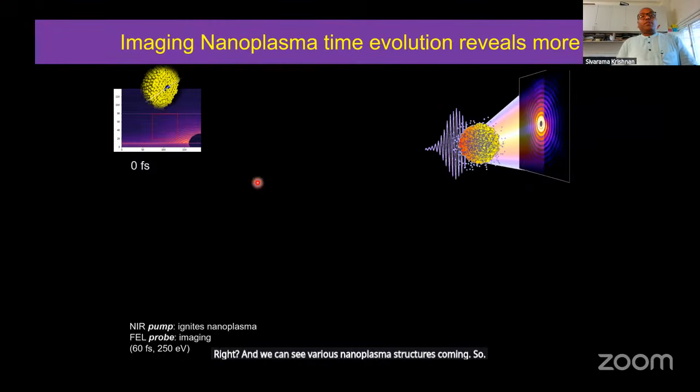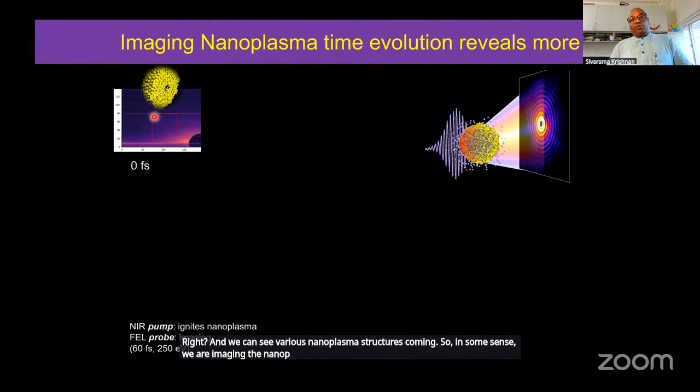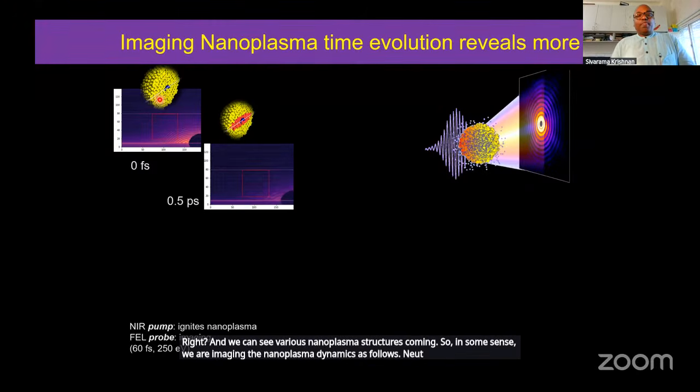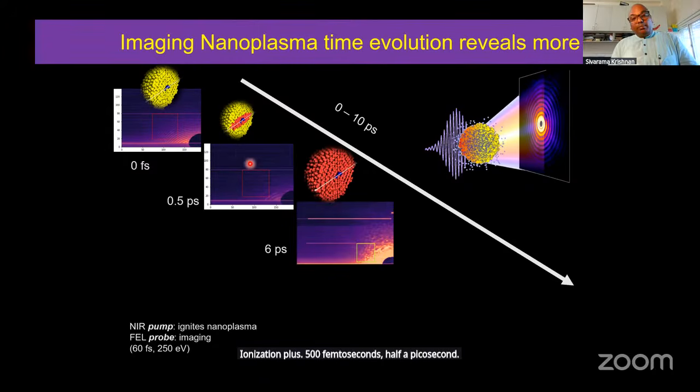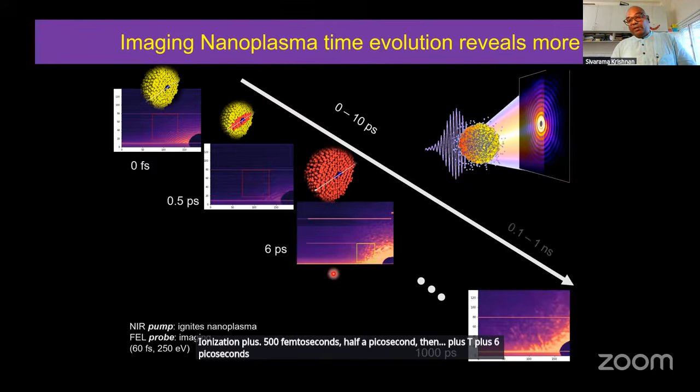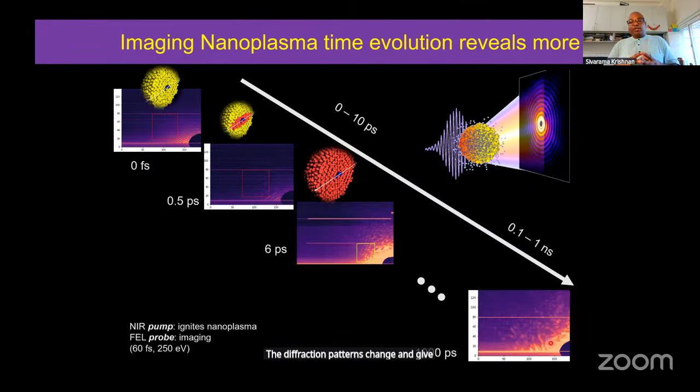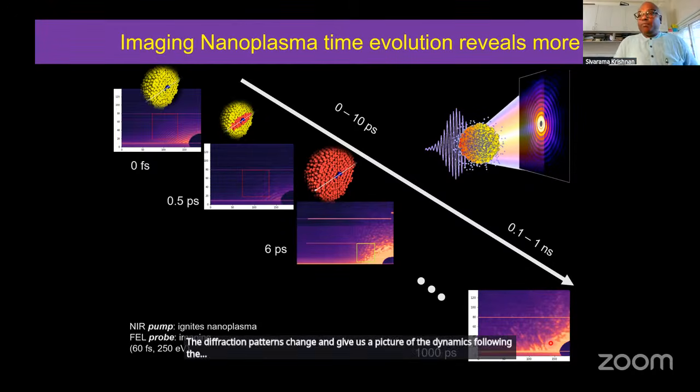So in some sense, we are imaging the nanoplasma dynamics as follows: neutral cluster, ionization plus 500 femtoseconds or half a picosecond, then T plus 6 picoseconds, all the way up to 1 nanosecond. The diffraction patterns change and give us a picture of the dynamics following the near infrared pump ignition.